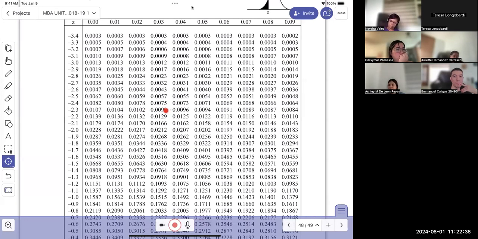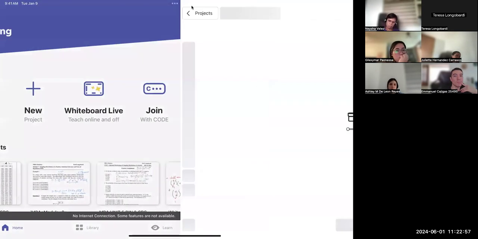Oh, okay, so we could also, yes, I'll talk about that in a second, about the t-table. So this is negative 2.33. We can be more precise, and I'll show you how to do that in a moment. First, I'm going to write that down here.